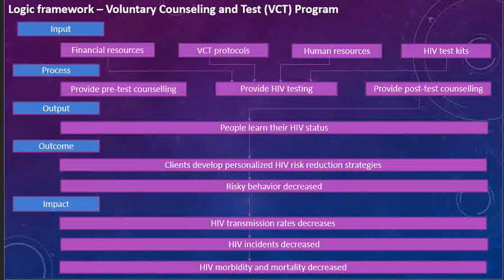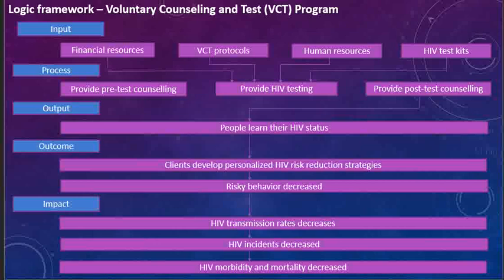So once they know their status, they start improving HIV risk reduction strategies, like going for checking the level of the cells if they are positive and starting ARVs, or avoiding or decreasing risky behavior that would lead to the disease.